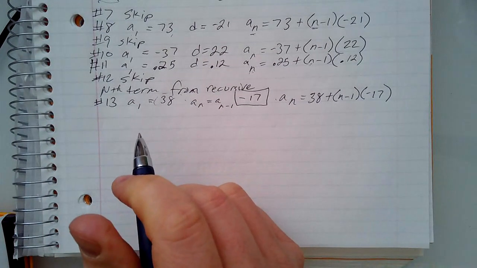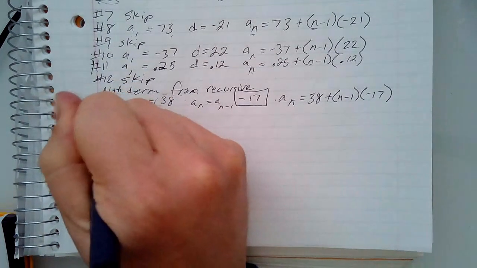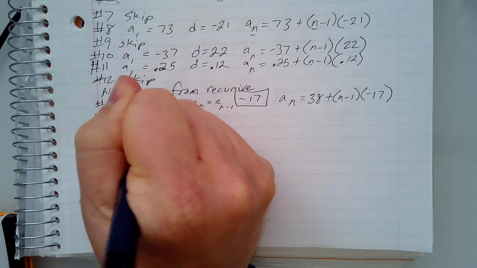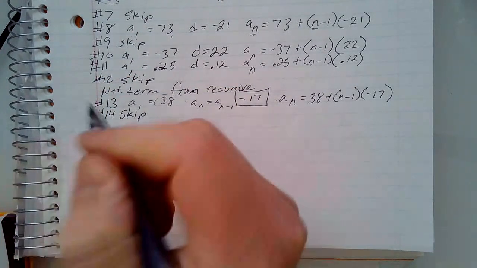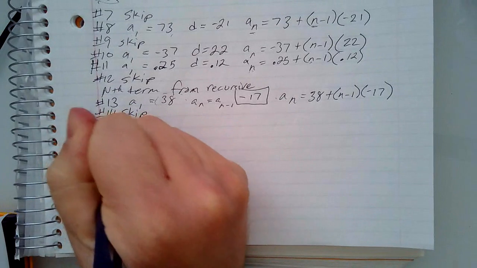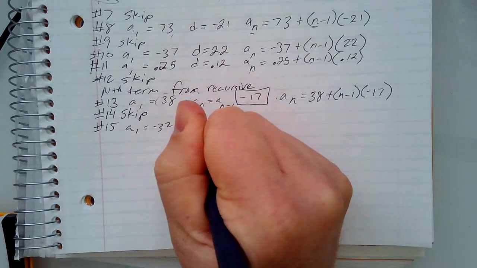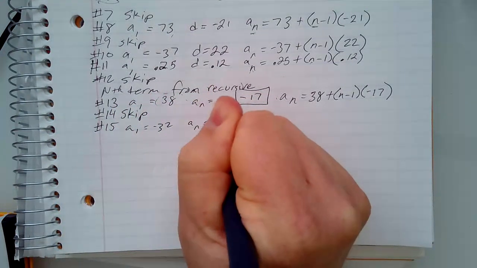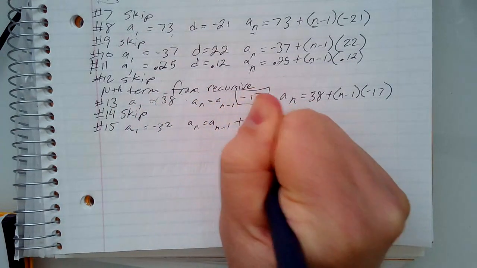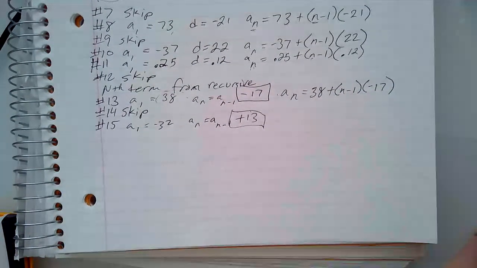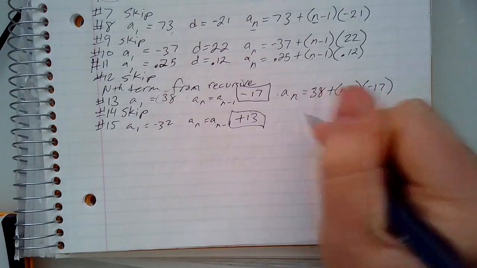Number 14 is going to be skipped because there's multiplication in that recursive formula. Number 15 says a sub 1 is equal to negative 32, and then it says a sub n is equal to a sub n minus 1 plus 13. So plus 13 is our common difference.